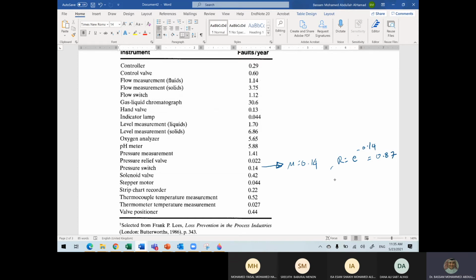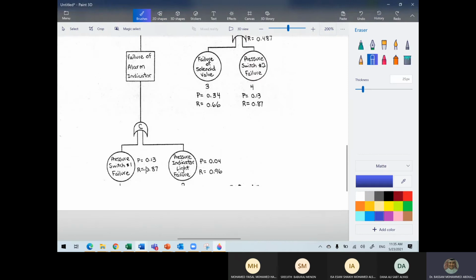Now, if R is 0.87, P is 1 minus 0.87, which is equal to 0.13. Now, going back, this is what is written here. Reliability is equal to 0.87, and the probability is 0.13.